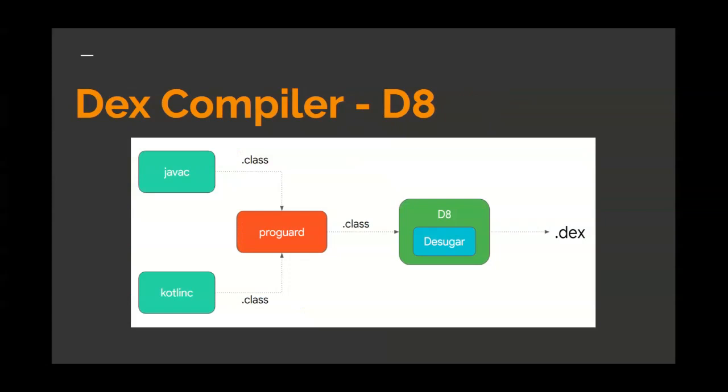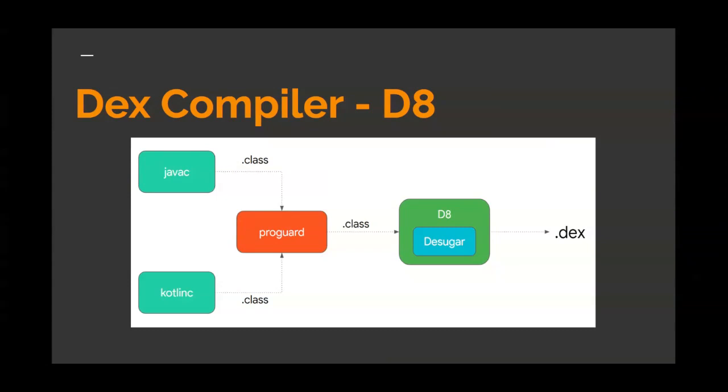Now comes the new DEX compiler called D8. You remember the issue of longer build times I told you about with ProGuard? You'll be wondering why longer build times. Whenever we use new Java language features like in Java 7, 8 or 9, Google uses a transformation called desugaring. So what does desugaring actually mean?